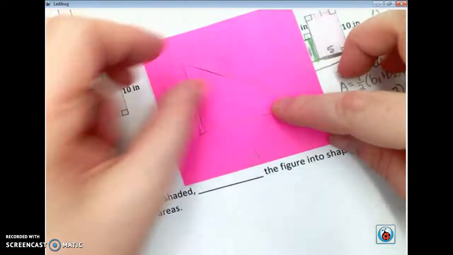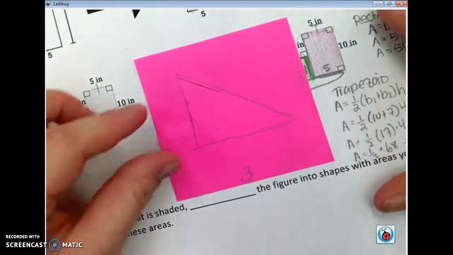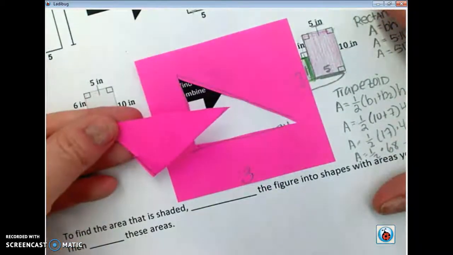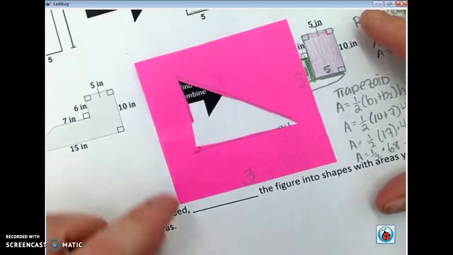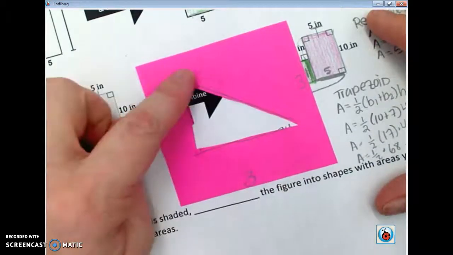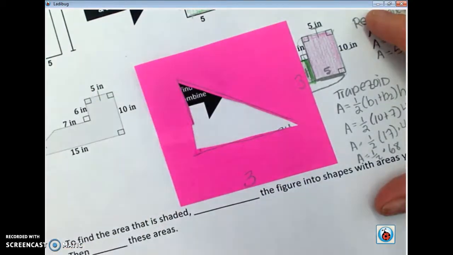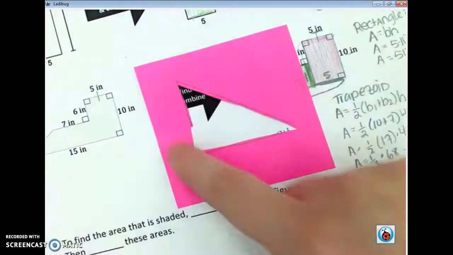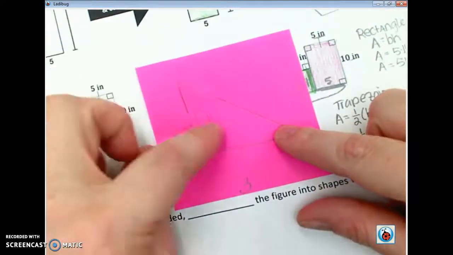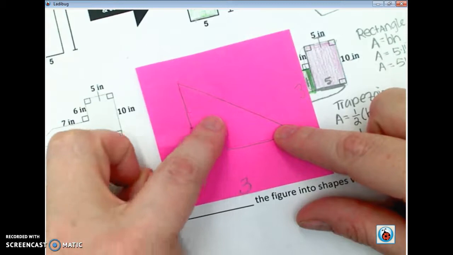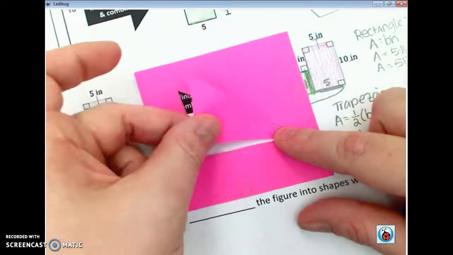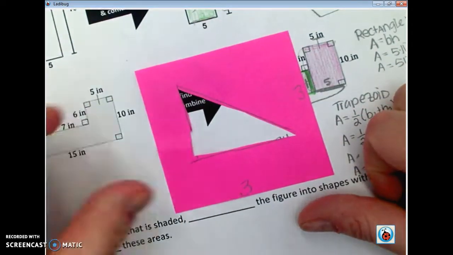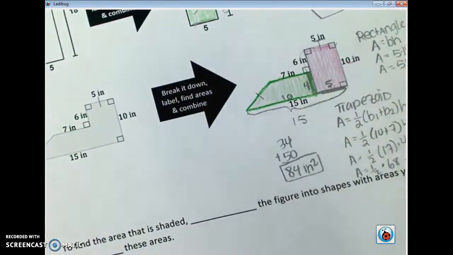I had a square, but I came and I cut out a triangle. And now I'm saying, okay, now what's the area, the pink area that's left? Well, if I wanted to figure that out, I needed the area of the square, and I would need to know what's the area of the triangle, because I took out an area of the triangle. So in this case, I'm going to have to subtract.